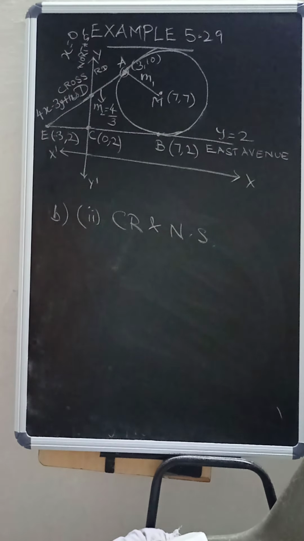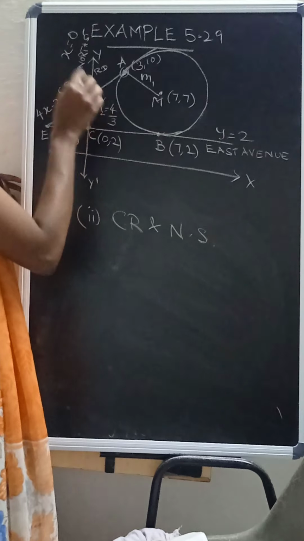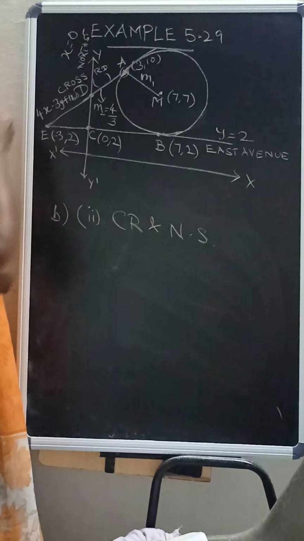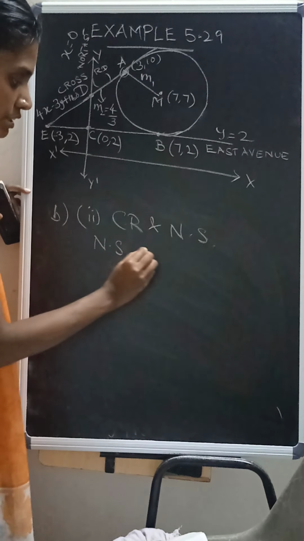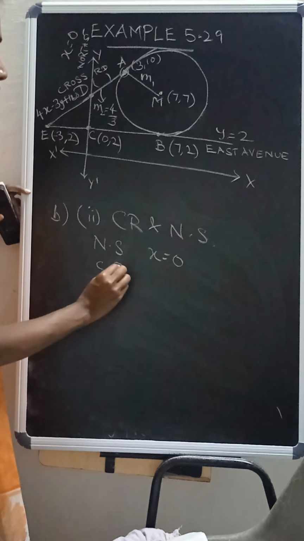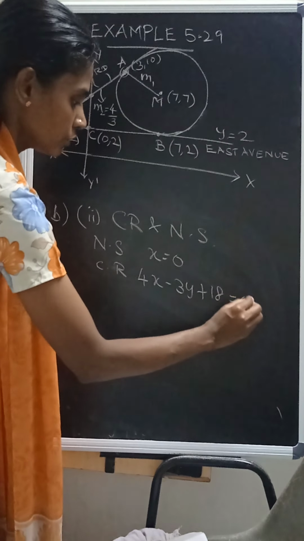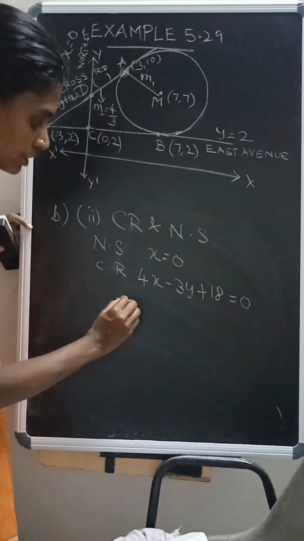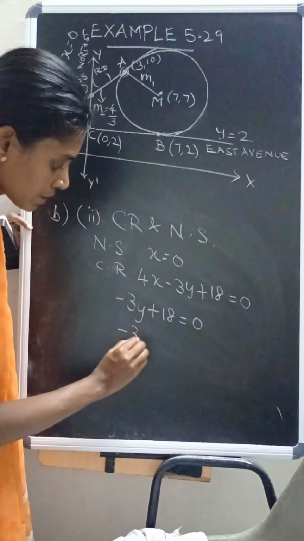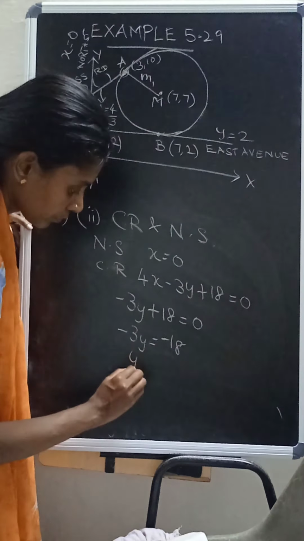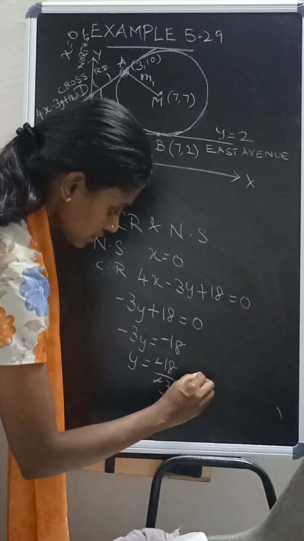Now second part, where does the crossroad intersect the North Street? So the crossroad and the North Street intersect at point D. So now you need to find the value of D. So here x is equal to 0. The North Street equation is x is equal to 0, and the crossroad equation is 4x minus 3y plus 18 is equal to 0. Now substitute x is equal to 0 in this equation, you will get minus 3y plus 18 is equal to 0. So 4 zeros are 0. Minus 3y is equal to minus 18. y is equal to minus 18 by minus 3. 6 threes are 18.